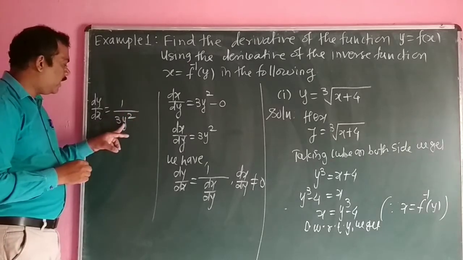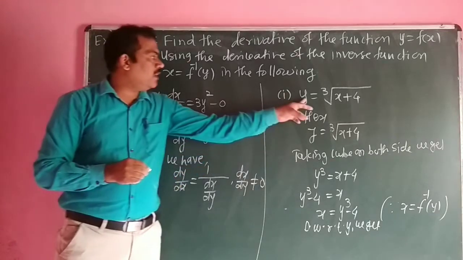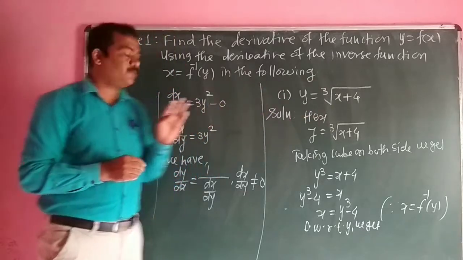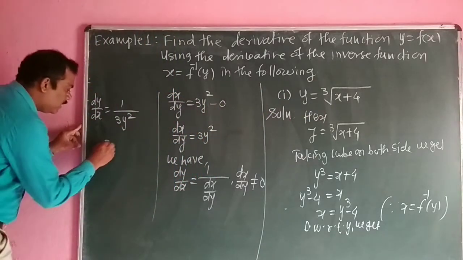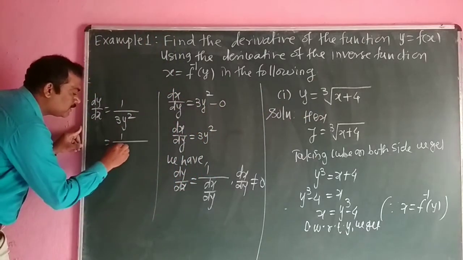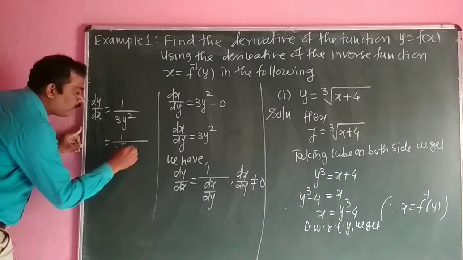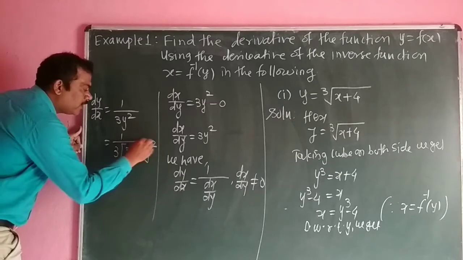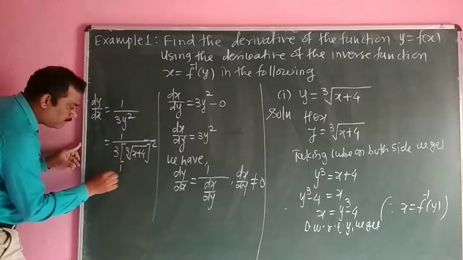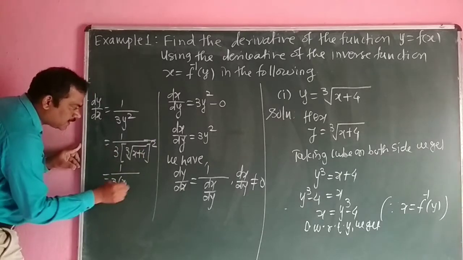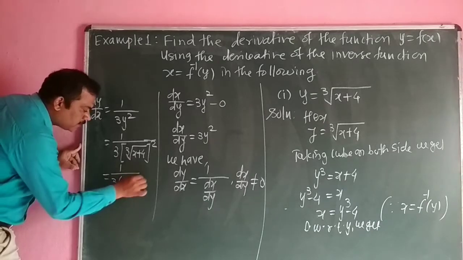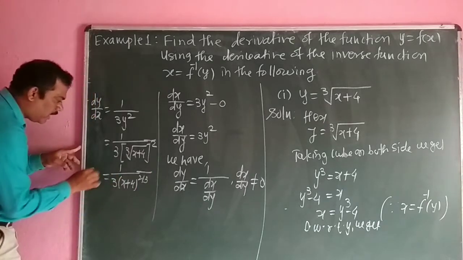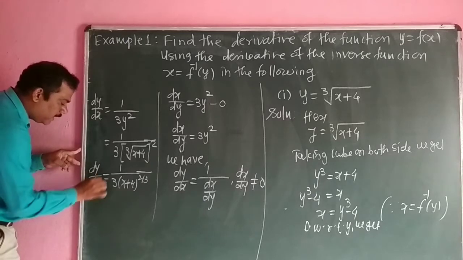What is the value of y? Here the value of y is cube root of x plus 4. We substitute that value: 1 upon 3 times cube root of x plus 4, bracket square. If we simplify, this is 1 upon 3 times x plus 4 raised to 2 by 3, which is the required value of dy by dx.